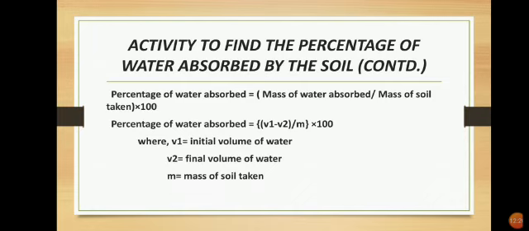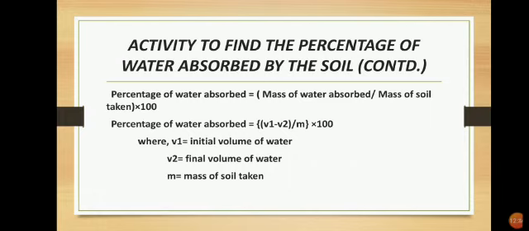Where V1 is the initial volume of water, V2 is the final volume of water, meaning the amount of water left in the measuring cylinder, and M is the mass of soil taken.